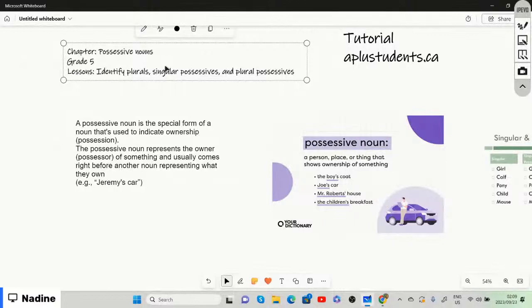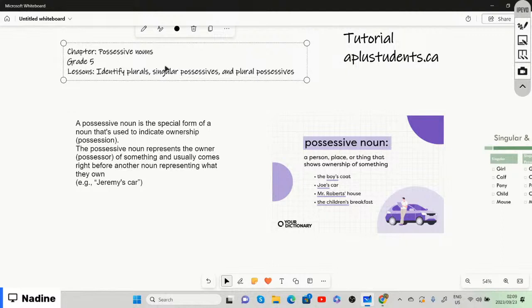So now, a possessive noun. A possessive noun is a special form of noun that's used to indicate ownership. So possession, being possessive, is showing ownership, like it belongs to me, belongs to you, whoever it belongs to.